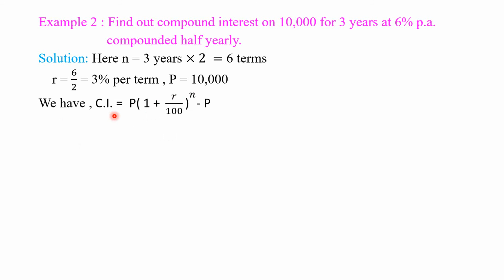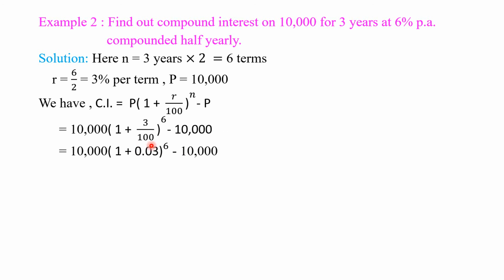So we have the formula: compound interest is equal to P in bracket 1 plus R divided by 100 bracket raised to n minus P, which is 10,000 into 1 plus 3 divided by 100 raised to 6 minus 10,000.